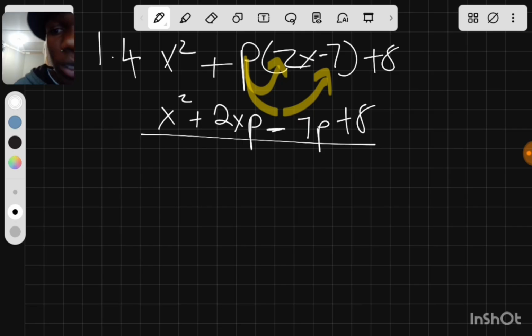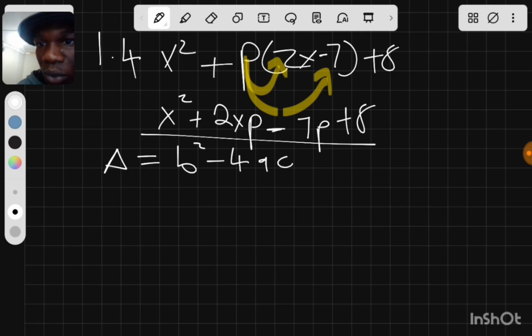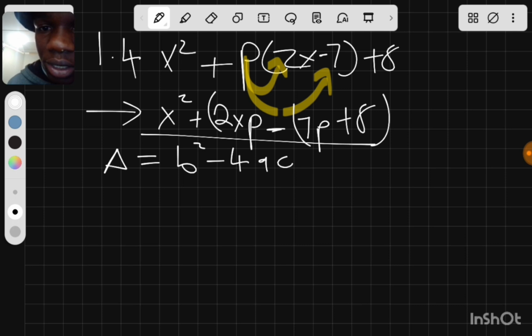But here we are focusing on the discriminant. We are given the discriminant is equal to b squared minus 4ac. So from the equation, we need to identify which one is b, which one is a, and which one is c. Our c is going to be this one. Our b is 2p, not the whole of this, it is 2p.